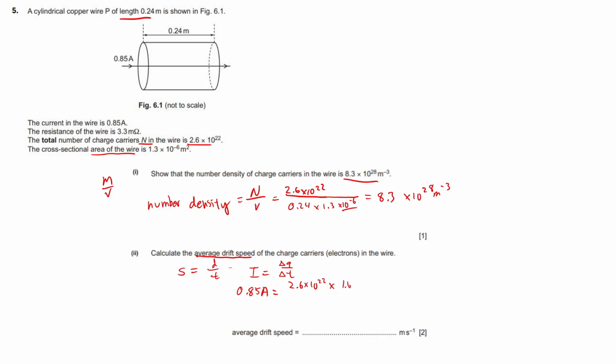The elementary charge is given in your formula sheet, the reference sheet. So it's 2.6 times 10 to the 22 multiplied by 1.6 times 10 to the negative 19, divided by time. And we only need to divide the numerator of the right side by the current, 0.85.